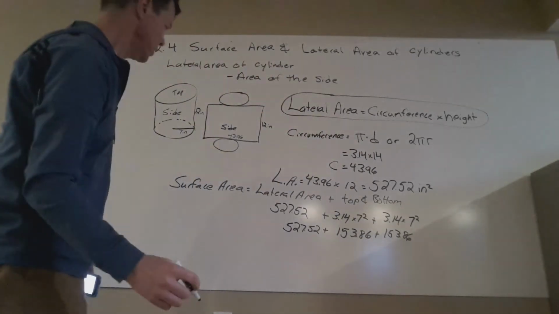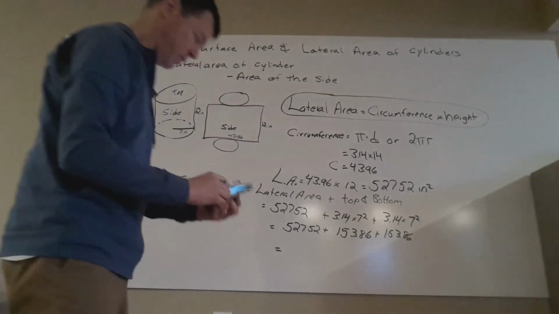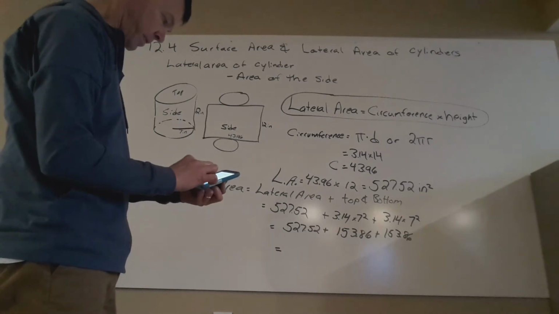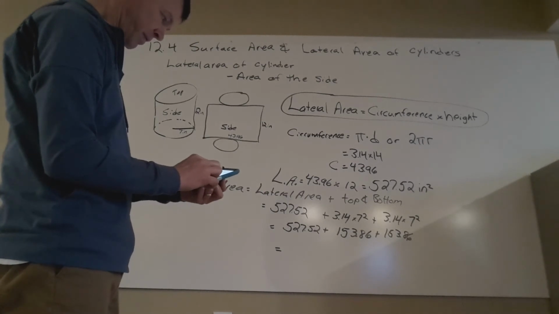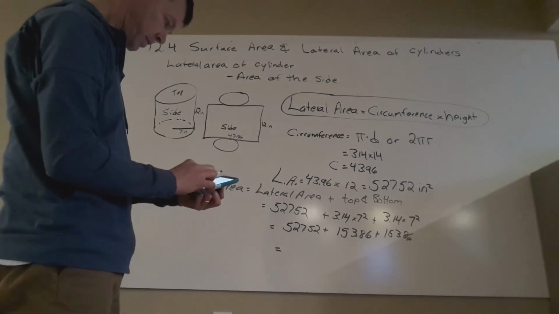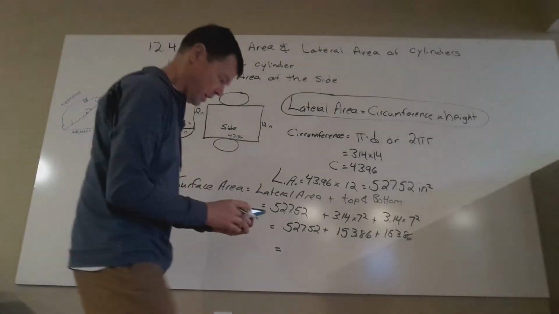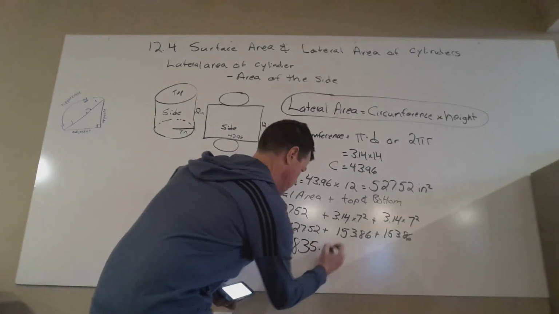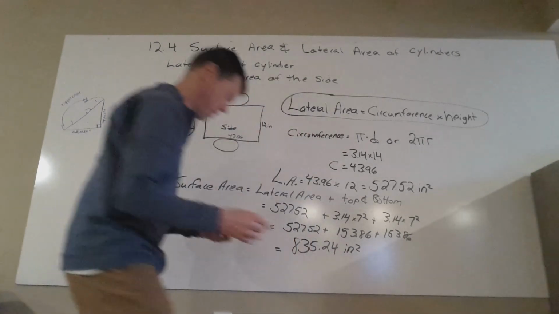And that'll be your total surface area. 527.52 plus 153.86 plus 153.86 is 835.24. And those are inches squared.